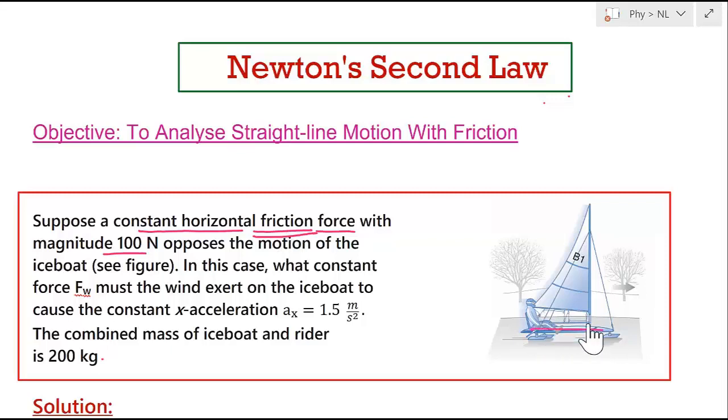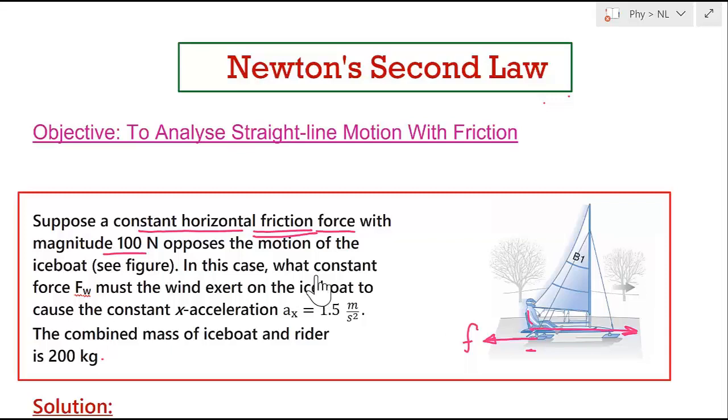So this is the ice boat and he is the rider, and this ice boat is moving in this direction, and there is a friction force between this surface and this ice boat that tries to oppose the motion of this ice boat. So this is acting in this direction and the magnitude of this is 100 Newton. Let's call this a small f that is given in the problem.